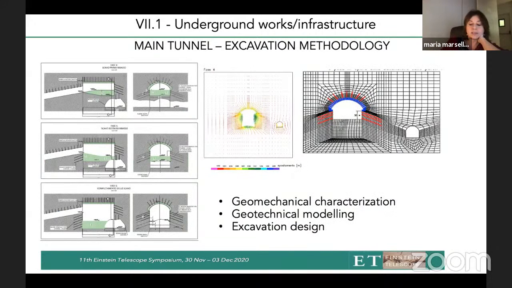This is another tool that we will for sure use with the geotechnical experts that will join the group to do some modeling, in order to find the different configurations and the technical solutions that can be applied both for the excavation phase and for the reinforcement.